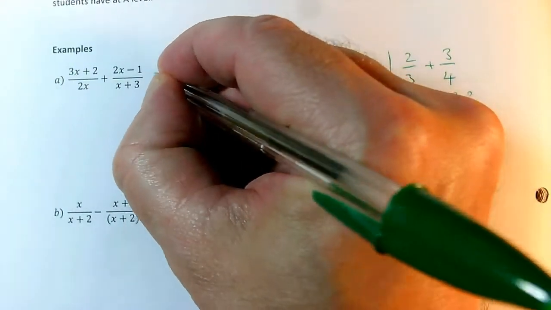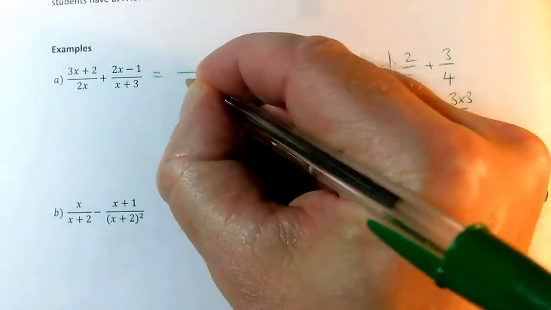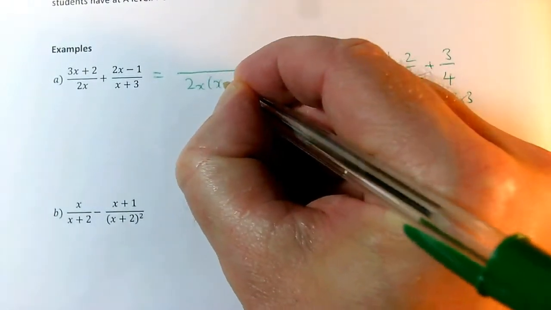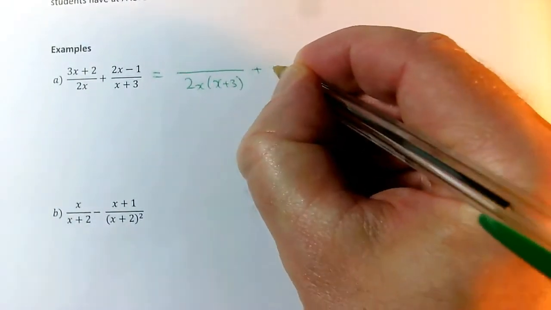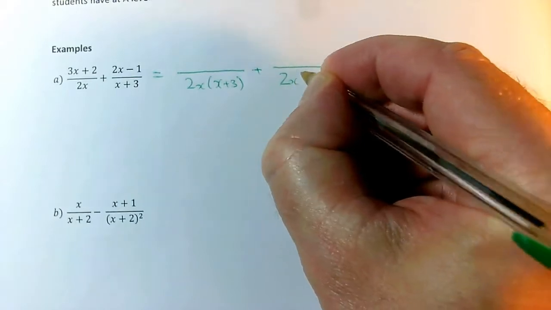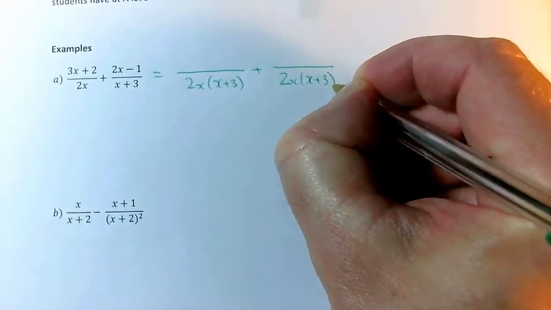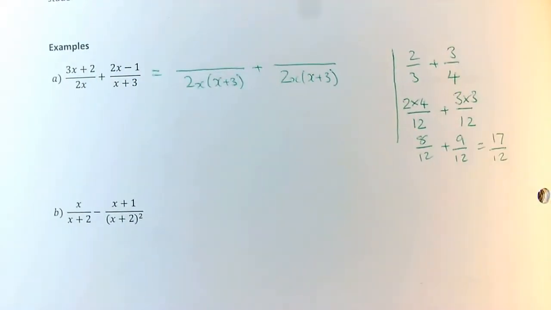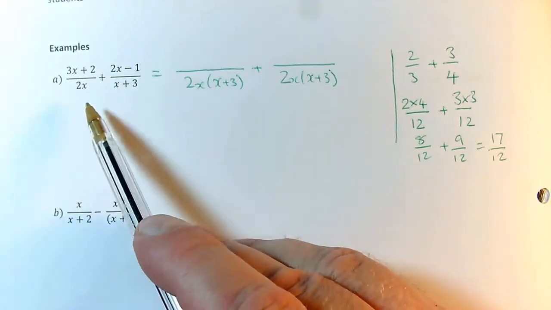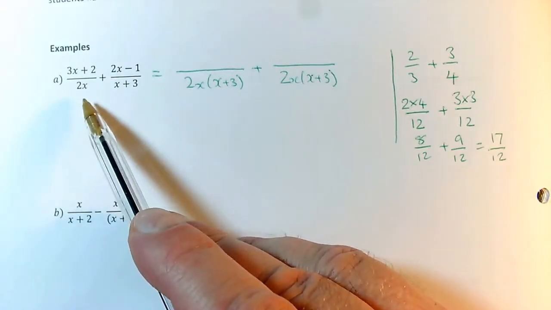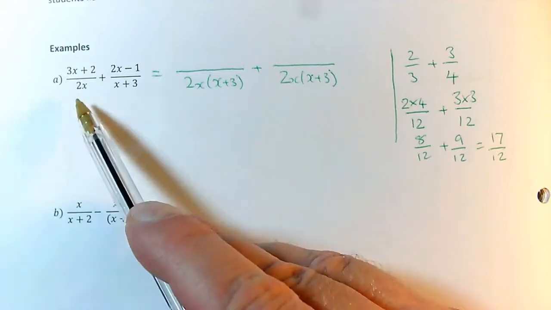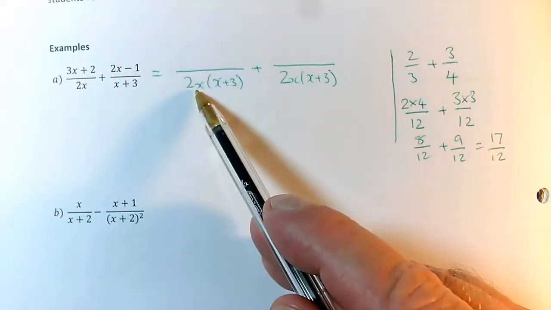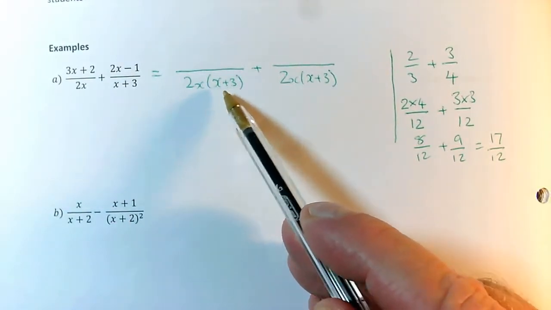So this is going to be something over 2x times brackets x plus 3 plus something else over 2x brackets x plus 3. So the first thing to do is to decide what your common denominator is. Then you look at each fraction individually and say, okay, so I've multiplied the bottom of this by something, and we can see the 2x is still the same. The new factor is x plus 3.